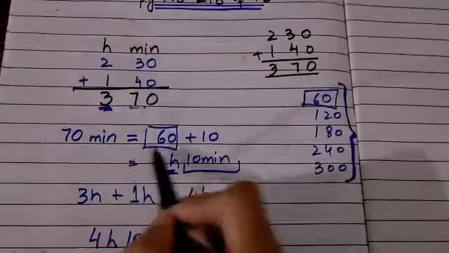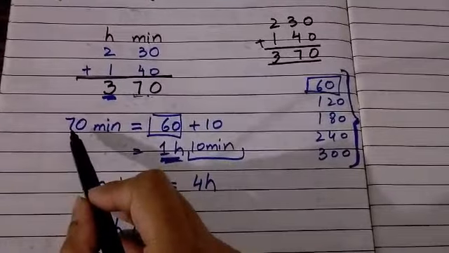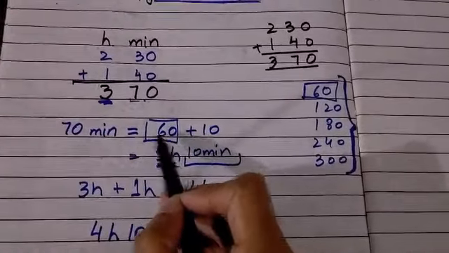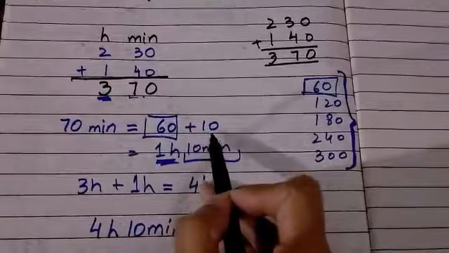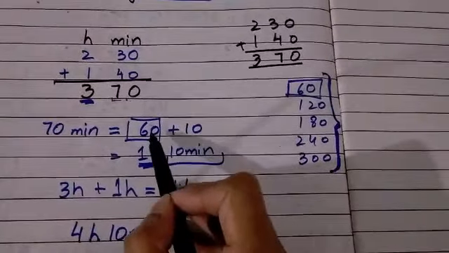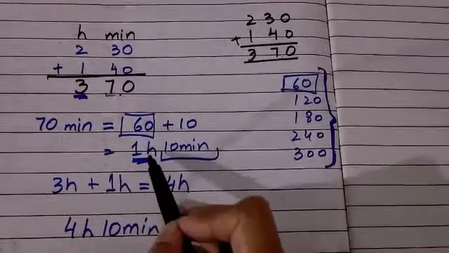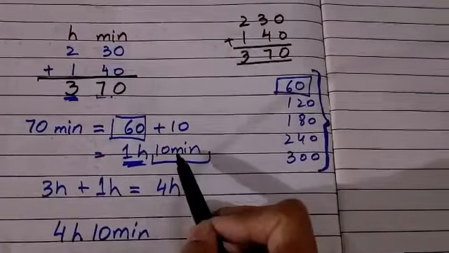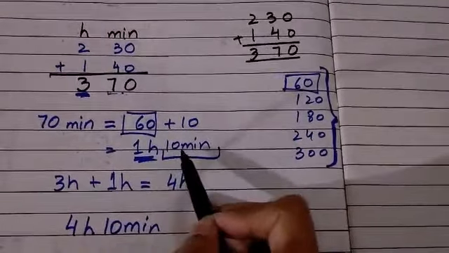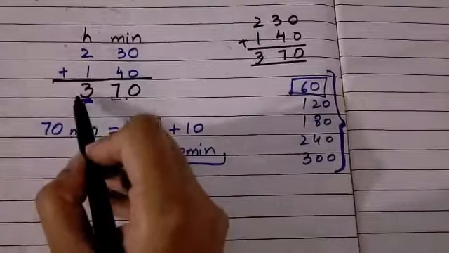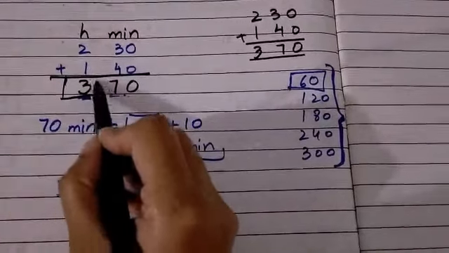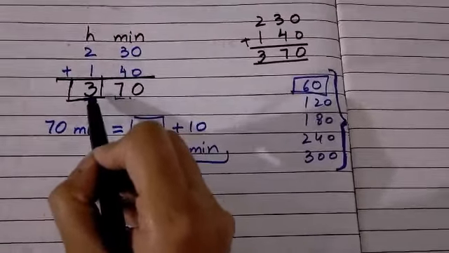You have to split the 70 into 60. Okay, you have written this 60. Now from 70 there is 10 left. 60 minutes can be considered as 1 hour, and 10 minutes will come as it is, 1 hour and 10 minutes. Now in this question we have the hours, that is 3.